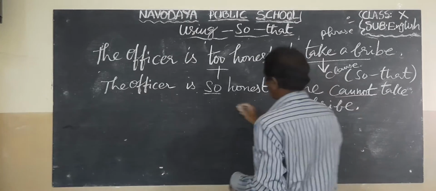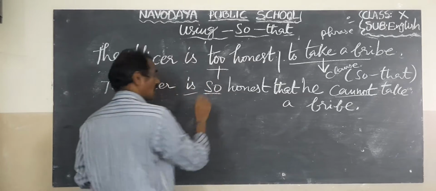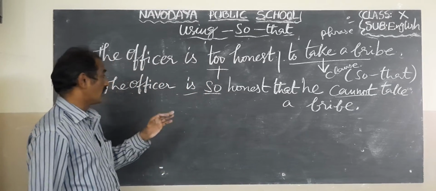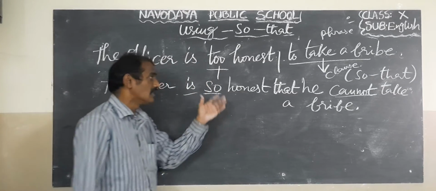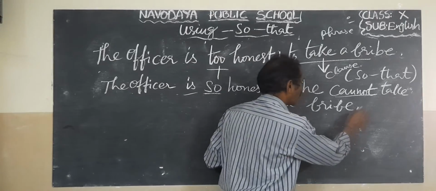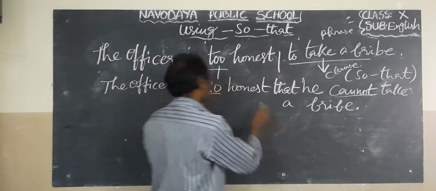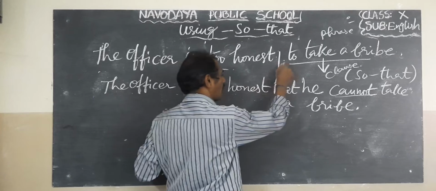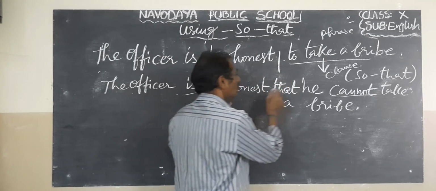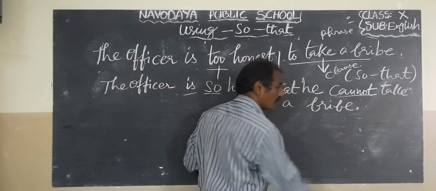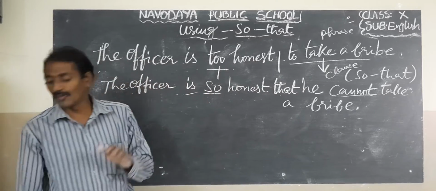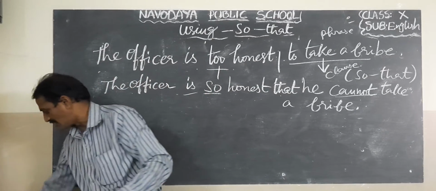Cannot, present tense is there. He is there, present tense. So we should write cannot. The officer is so honest that he cannot take a bribe. The officer is too honest to take a bribe. That is, so honest that he cannot take a bribe. Okay. In this way, children, next example.